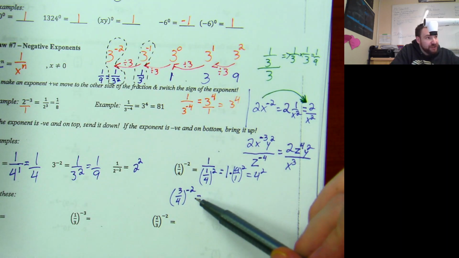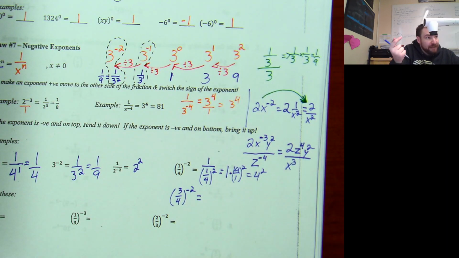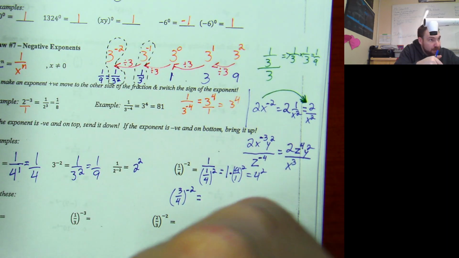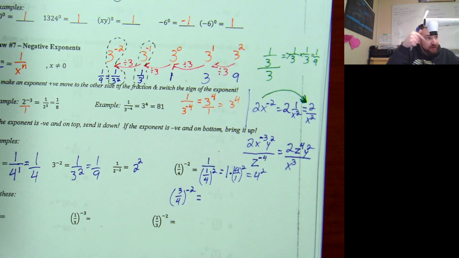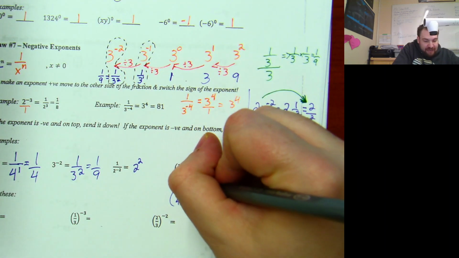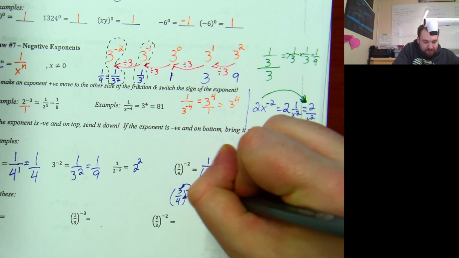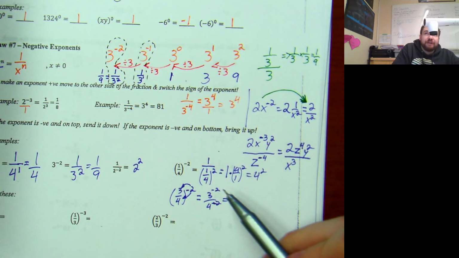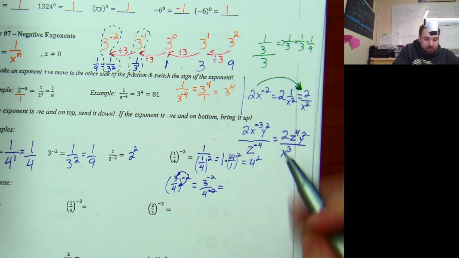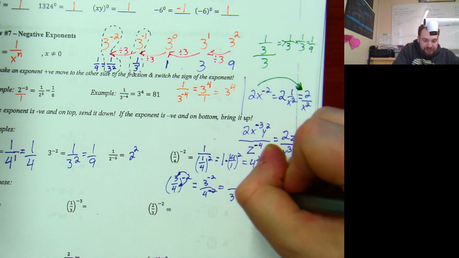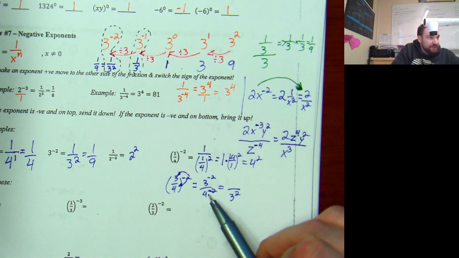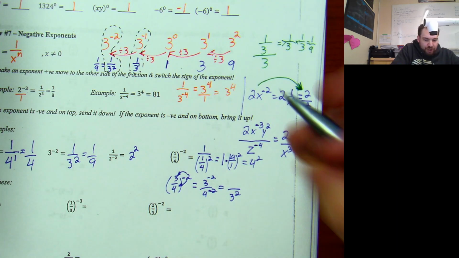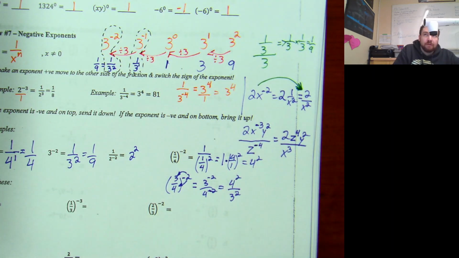If I have a fraction to an exponent, that exponent gets applied to the denominator and to the numerator. So it goes there and it goes there, so that's going to be 3 to the negative 2 and 4 to the negative 2. If I have 3 to the negative 2, where's that going to go? It's going to go to the bottom and become 3 squared. What's going to happen to the 4 to the negative 2 on the bottom? It's going to go to the numerator and become positive. So that's it.